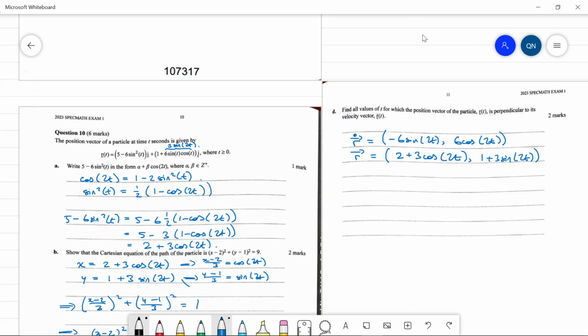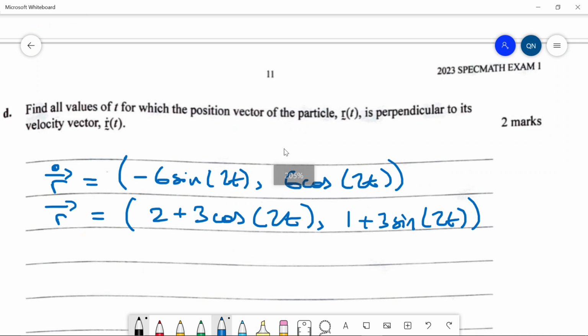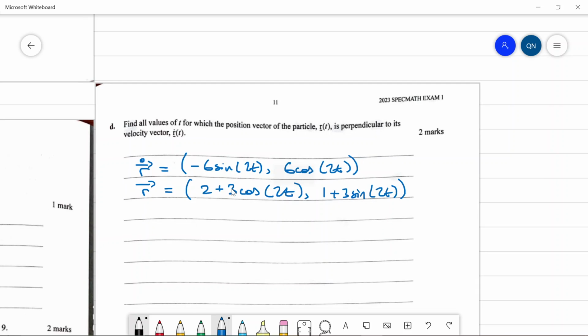Okay, and what I'll do is I'll just dot these two together and set it equal to 0 because the position vector is perpendicular to the velocity. So let's go for r dot r dot. Well, we'll multiply this and add it together.